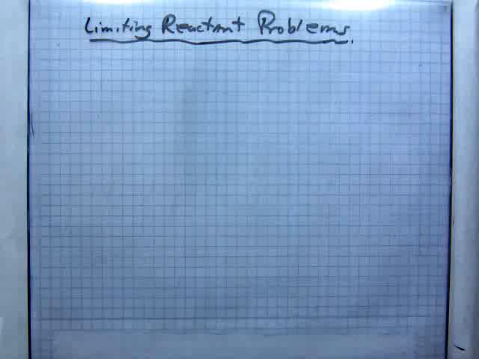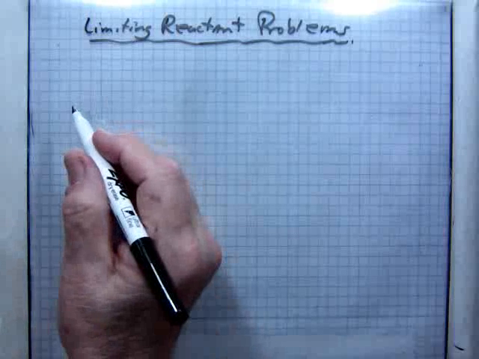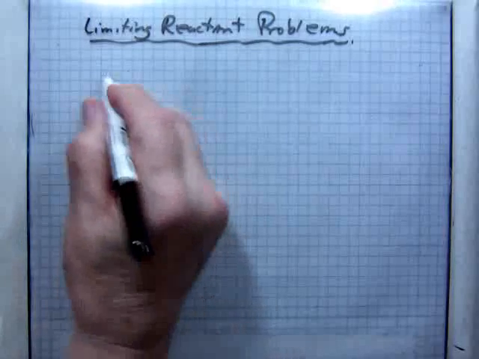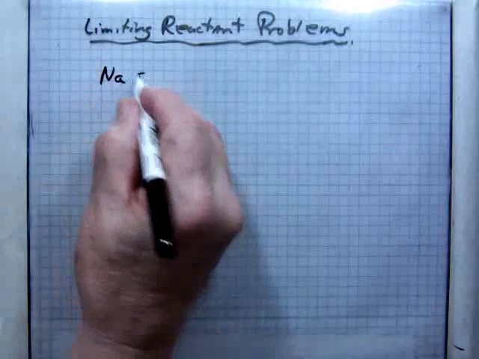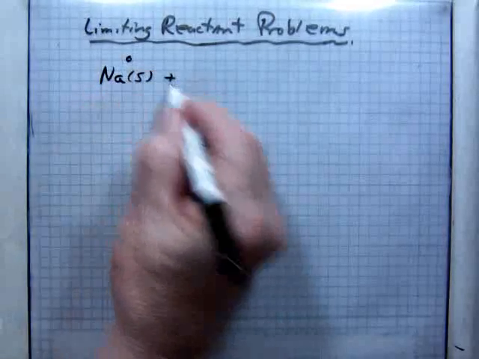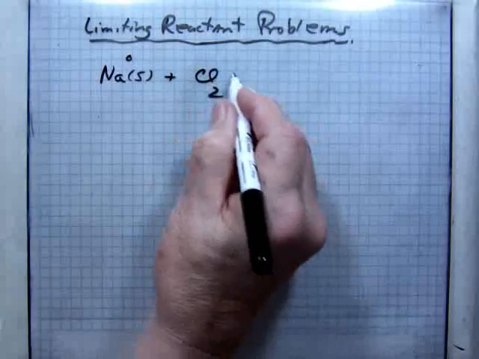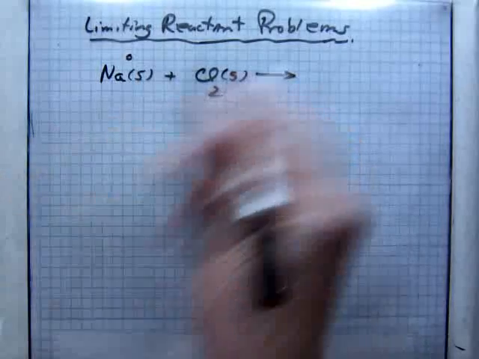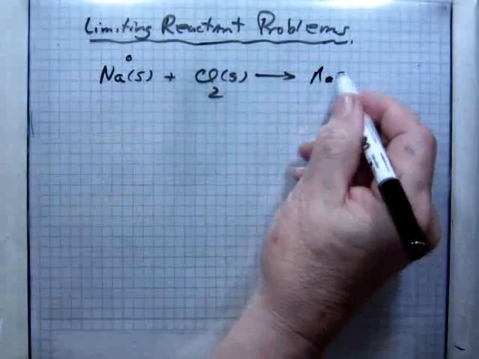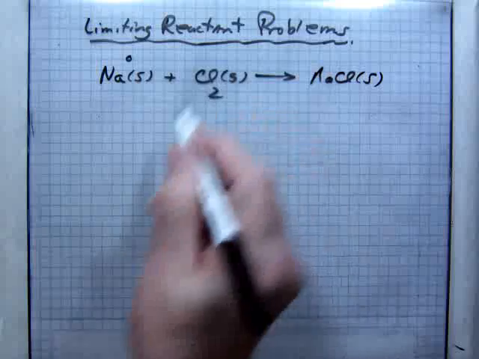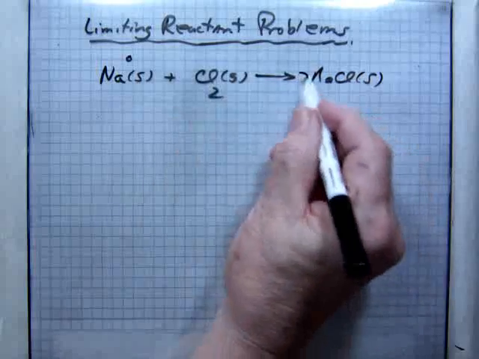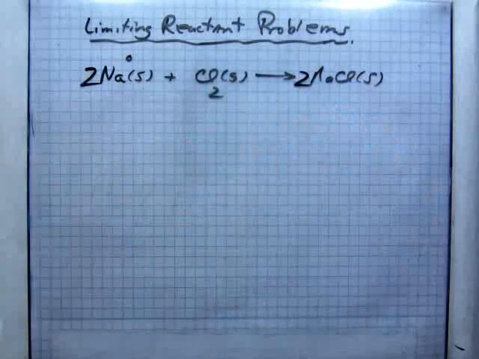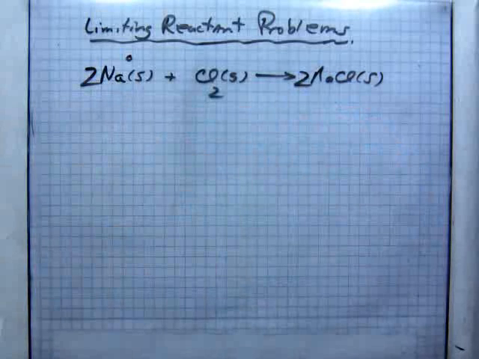All right, so sodium chloride can be prepared by the reaction of sodium solid, basic standard state, plus chlorine, which in its basic standard state looks like that. We'll go to sodium chloride. In its standard state, it's a solid like that. So I'm going to need a 2 and a 2 to balance that equation.